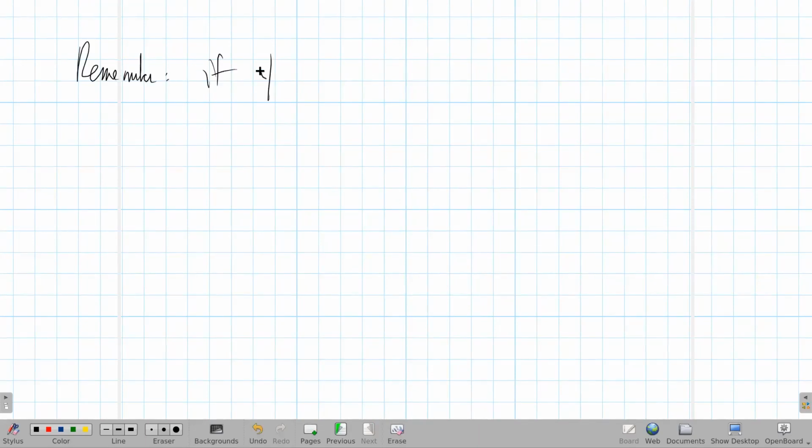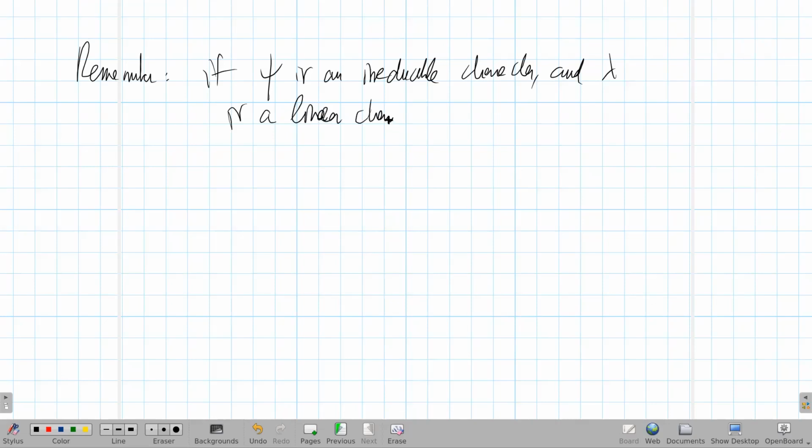If psi is an irreducible character and lambda is a linear character, then psi lambda, whose definition we will recall soon, is again irreducible.